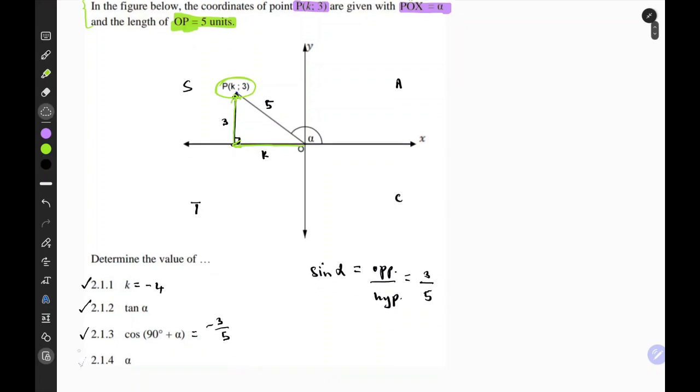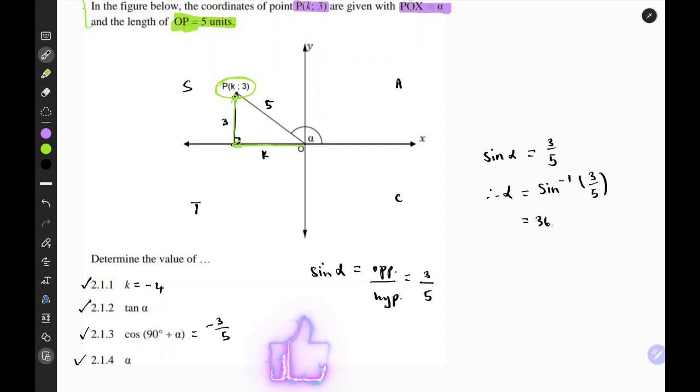And the last question, 2.1.4, wants us to find the size of alpha. So we are given sine of alpha to be 3 over 5. So therefore alpha should be equal to sine inverse of 3 over 5, and this is equal to 36,87 degrees, correct to 2 decimal places.